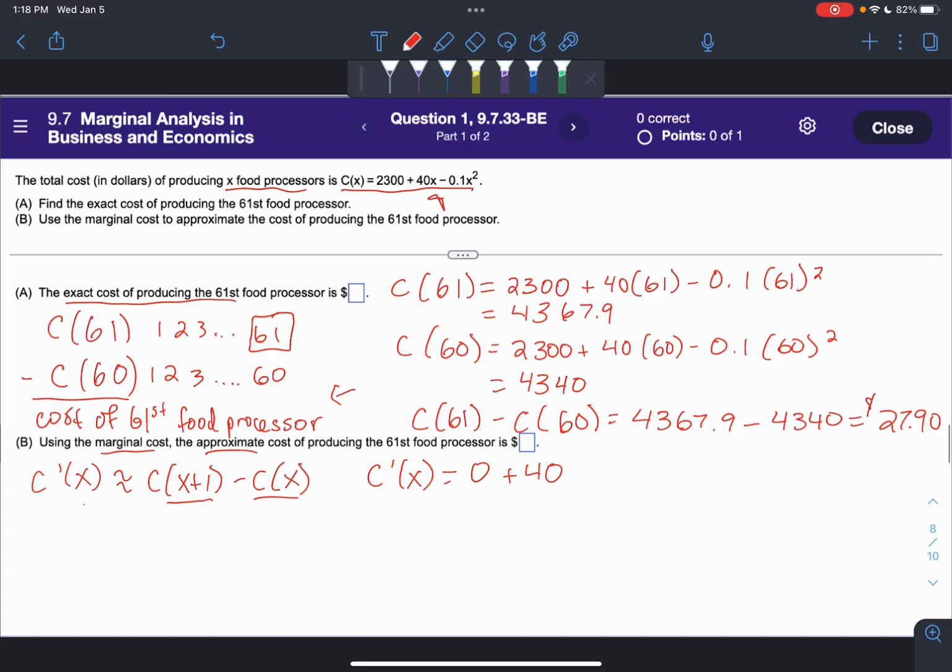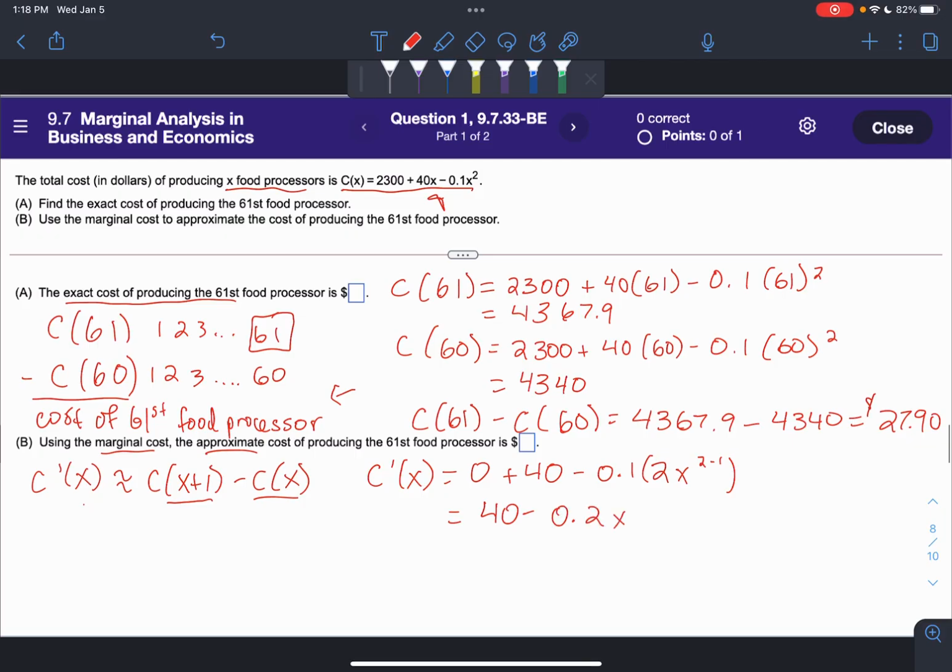And then the last term, minus 0.1x squared, I'm going to use my power rule, so bring that 2 down, x, and then subtract the power by 1. And so my marginal cost function is 40 minus 0.2x.